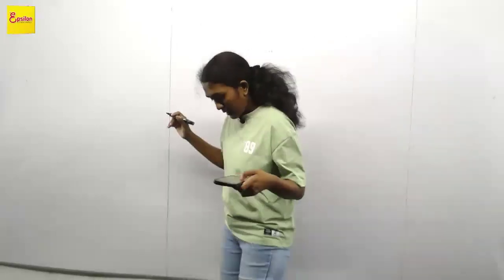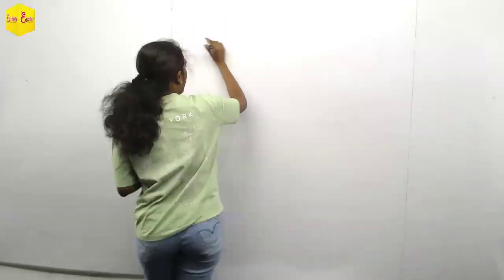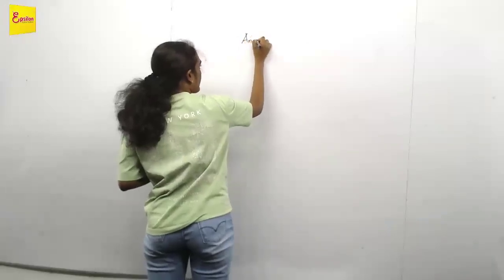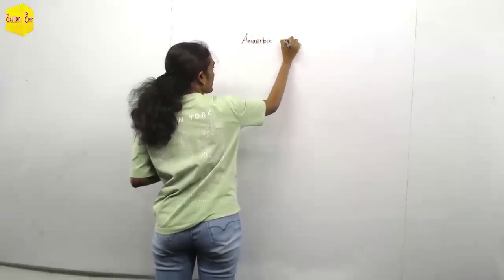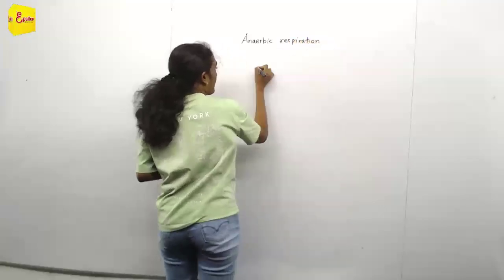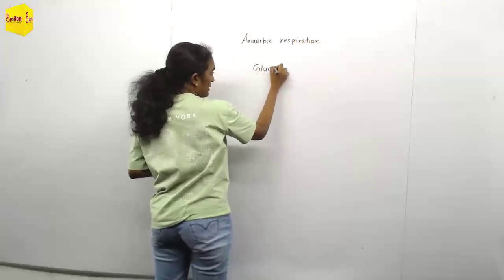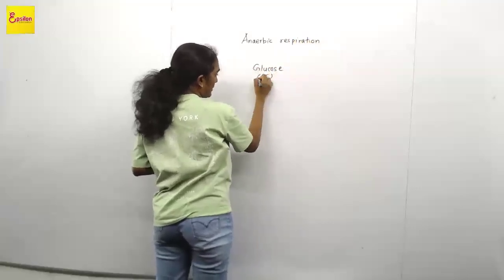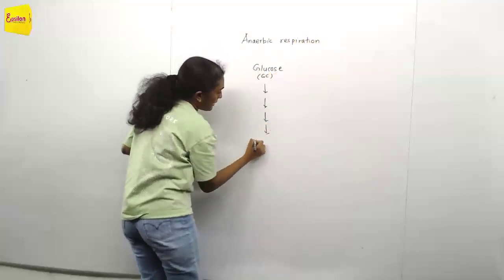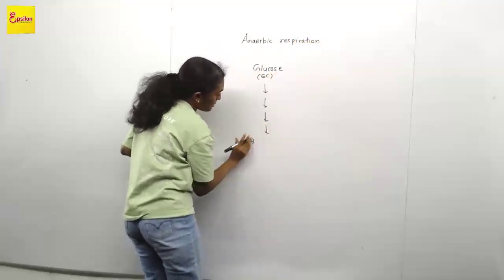For anaerobic respiration also, glycolysis is a common step. Therefore, 6-carbon glucose is broken down into 2 molecules of 3-carbon pyruvate.